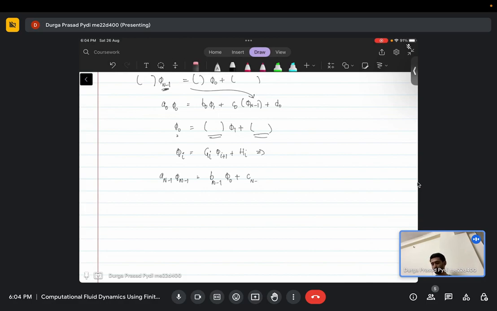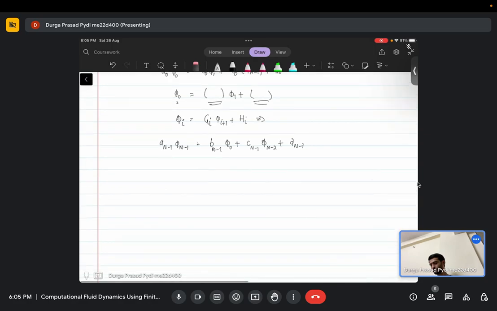Here it will be n minus 1 plus 1, that is the nth cell, and for the nth cell, n equal to 0, so I have written phi 0 plus c n minus 1 phi n minus 2 plus d n minus 1. Now phi n minus 2 can be written as g n minus 2 phi n minus 1, since n minus 2 plus 1 is n minus 1, plus h n minus 2, plus d n minus 1.